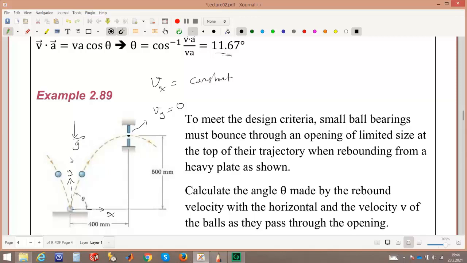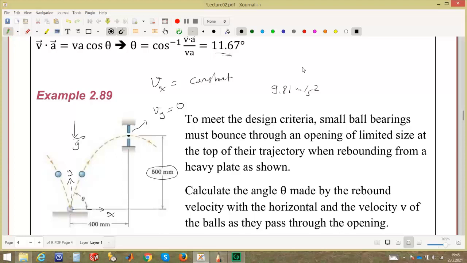Basically, gravity is in the downward direction, and the gravitational acceleration is 9.81 meters per second squared. That means in this 500 millimeter distance, it will drop from some initial velocity to 0, and the acceleration is 9.81.